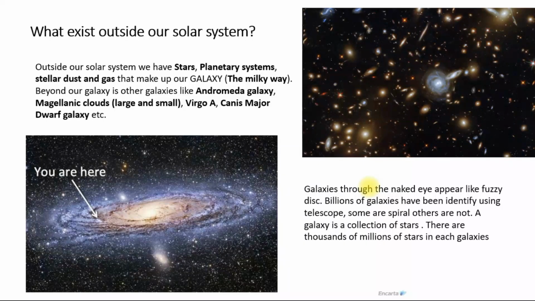Now, the moment you move beyond our solar system, you come across stars that hold planetary systems. Okay? And between the stars exist what we call stellar dust and gases, at a region called the interstellar space.